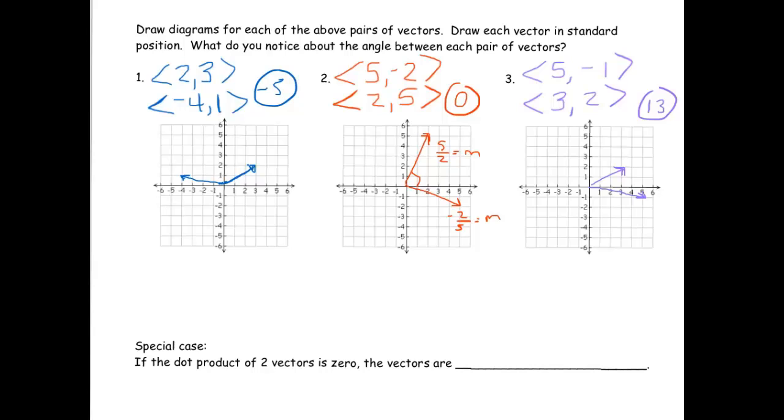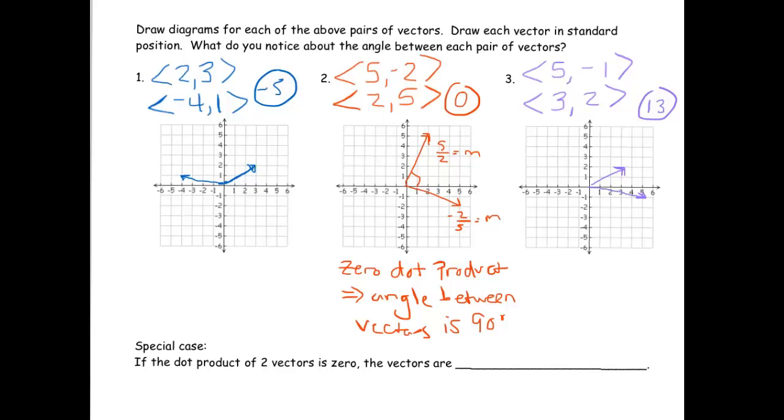And so what you should notice is that a 0 dot product means that the angle between the vectors is 90 degrees.